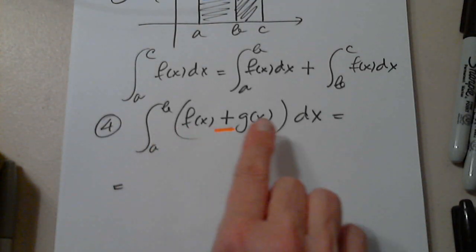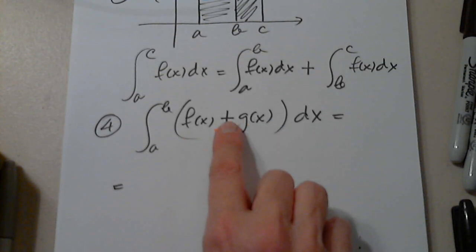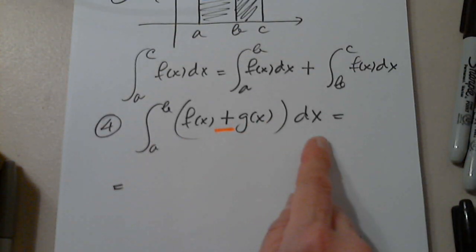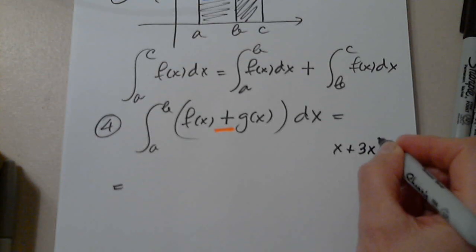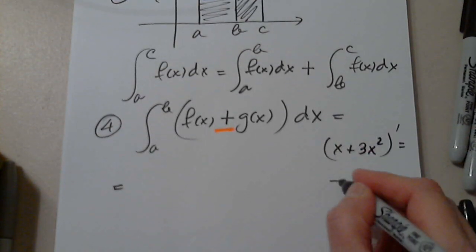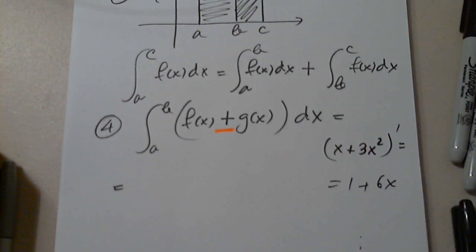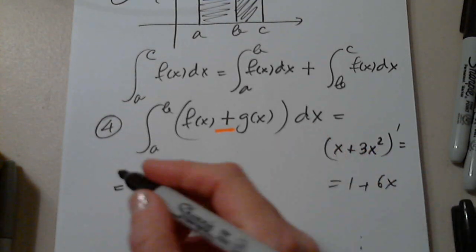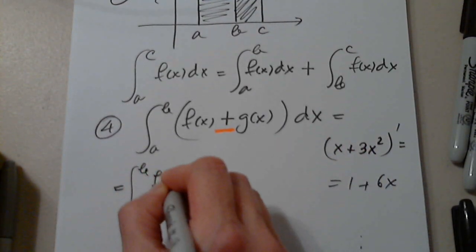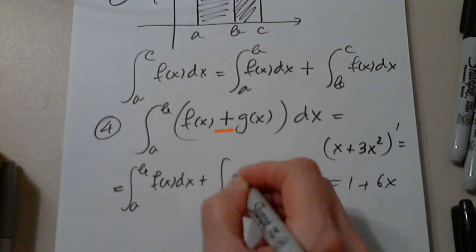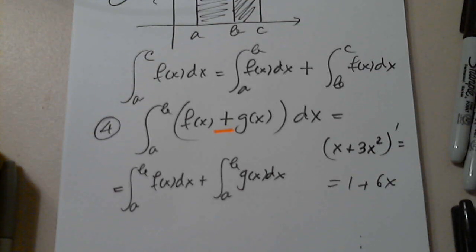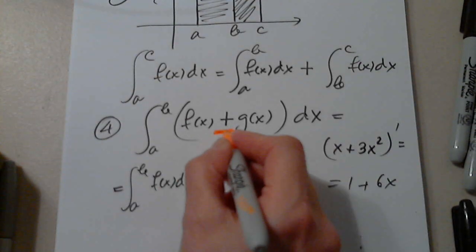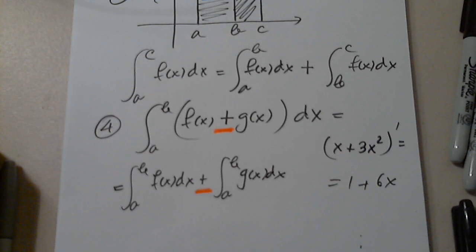It's the integral of f of x dx, plus or minus the integral of g of x dx. Because remember, this was the same rule. When we had x plus 3x squared prime, we differentiated x, and we differentiated the second function. Same thing here. So the integral from a to b of f of x dx, plus the integral from a to b of g of x dx. Same property. And we use the same thing with limits. If I have minus here, then I will have minus here.